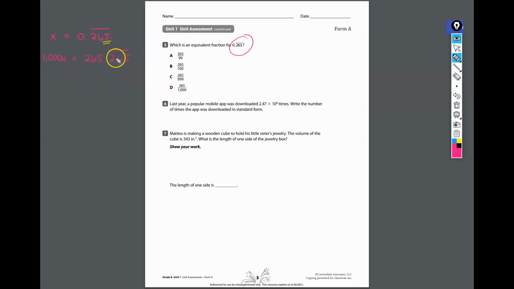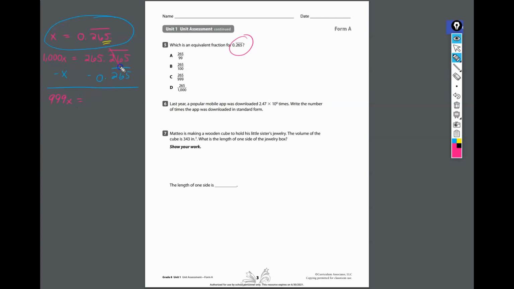The next thing that I want to do is get rid of this repeating portion. So I'm going to subtract this repeating portion. Now notice we started off with x equals the repeating portion, 0.265. So I'm going to subtract x from both sides. X equals 0.265 repeating. So I'm going to subtract that from both sides. 1,000x minus x gives me 999 x's.